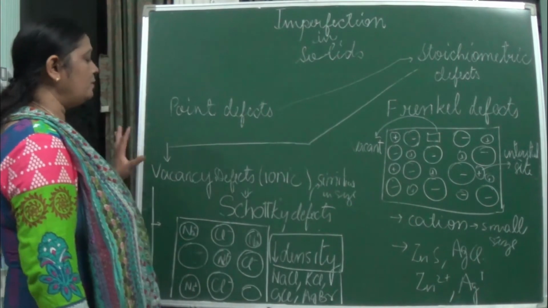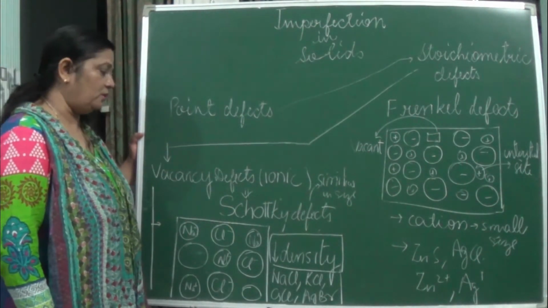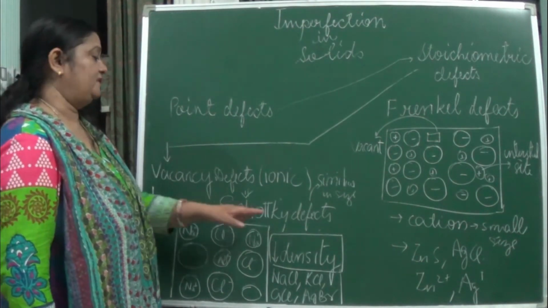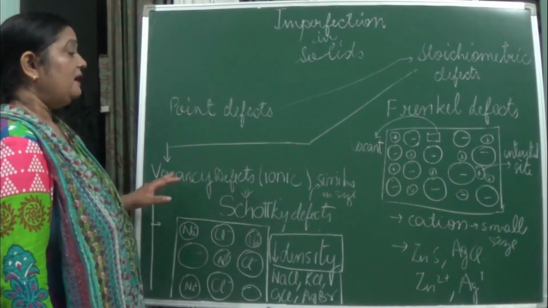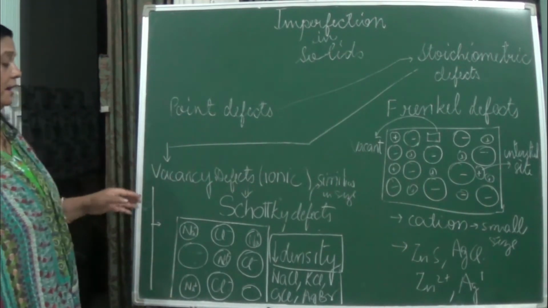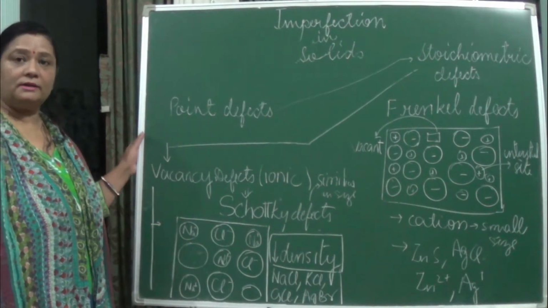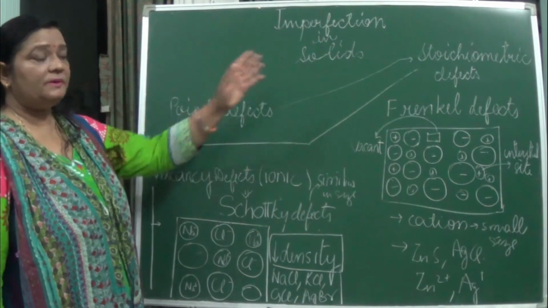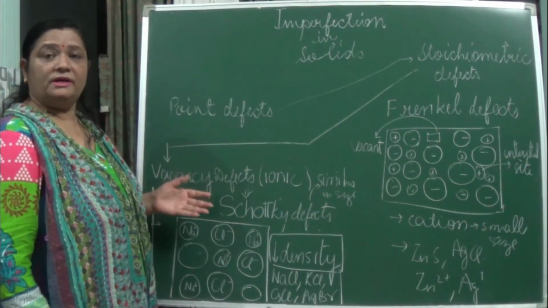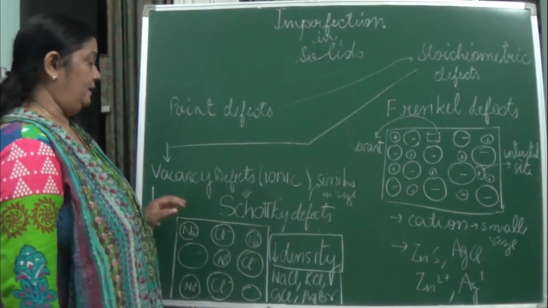When we are talking about a vacancy defect in these ionic solids or polar solids, we study the Schottky defect. Here the ions present are electrically neutral. It is a stoichiometric defect. Naturally the ions will be neutral in nature. The number of positive charges will be equal to the number of negative charges.